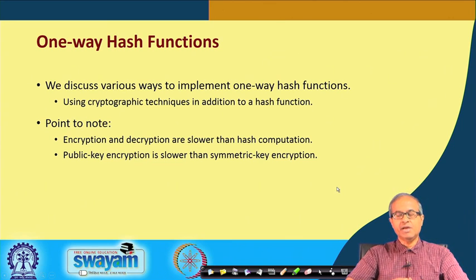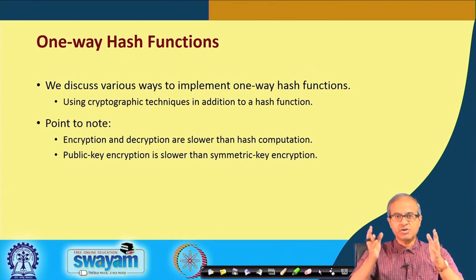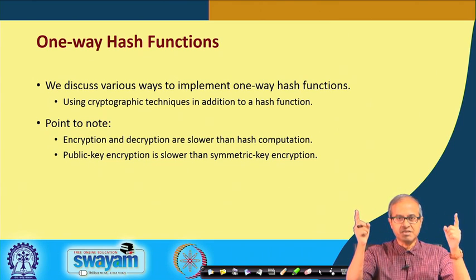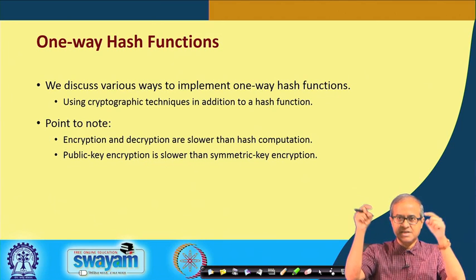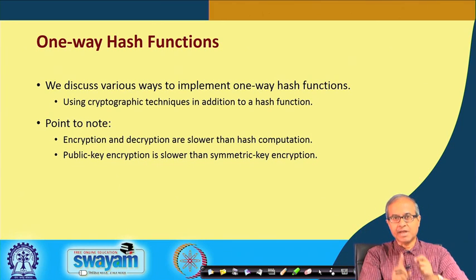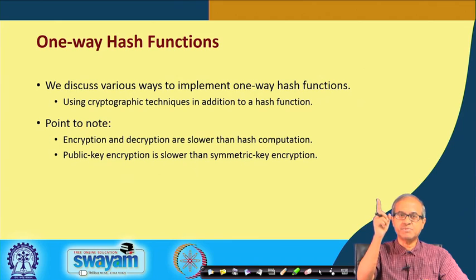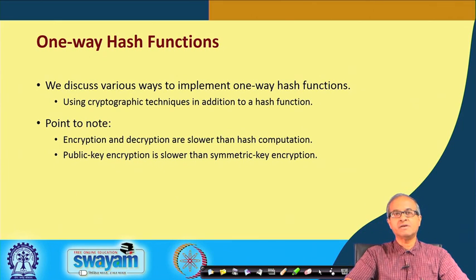Well, talking about one way hash function, if you recall, we mentioned because a hash function maps a larger set into a smaller set, there is a many to one mapping. You cannot have a unique reverse mapping from the hash value to the message. That is why we call it a one way hash function. Now, in computer systems, for example, when you store the passwords, there also this kind of one way hash functions are used.